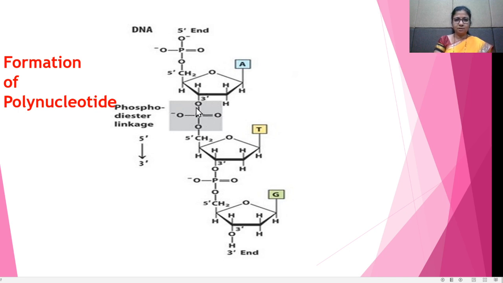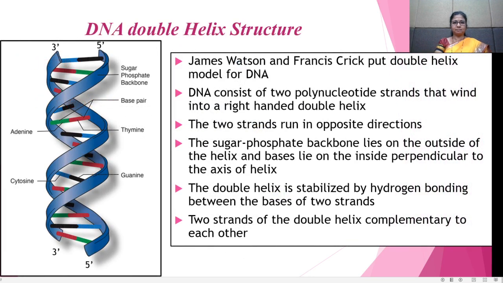One 5' and one 3'. In this way, the formation of polynucleotides takes place, and they are linked with each other by phosphodiester linkage. Now see the double helix structure of DNA.